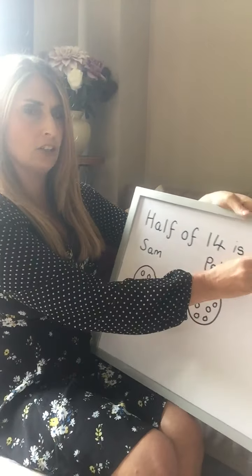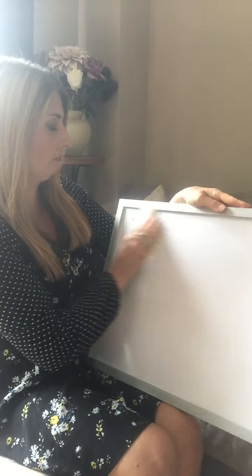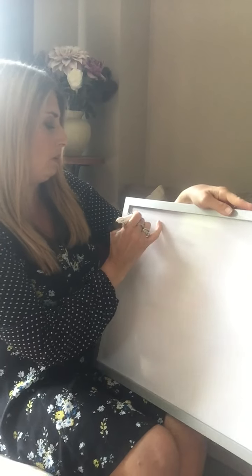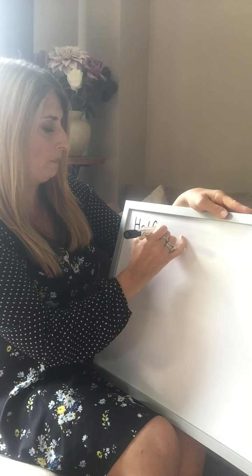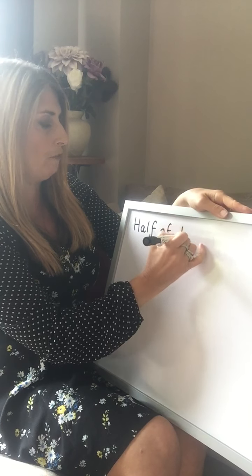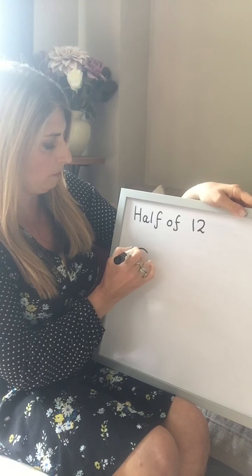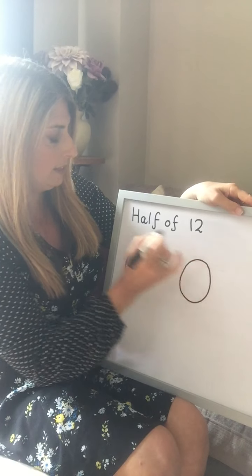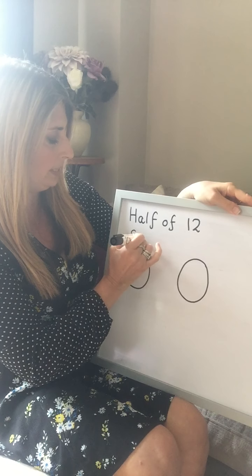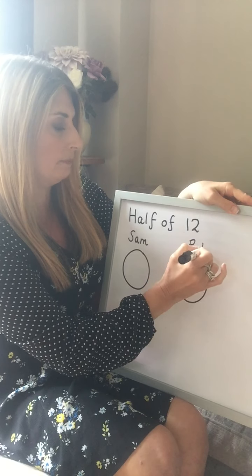Okay, last one, children. I'm going to do half of 12. Okay, so again, I'm going to have my 2 groups here. So I'm sharing them out between Sam again and Pete.